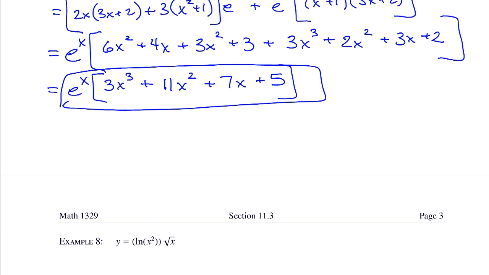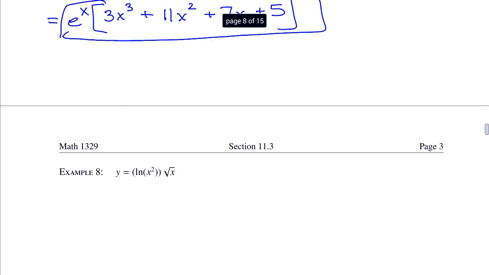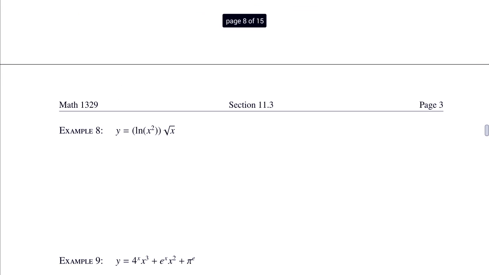All right, let's take a look at example 8. Example 8 is y is equal to the natural log of x squared times the square root of x. And we don't know another one of these rules that we have to learn today, so we have to change this algebraically before we can do this one. There's a rule that says if you take the natural log of something to a power, then that power can come to the front.